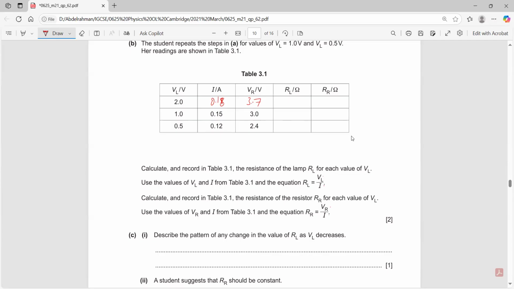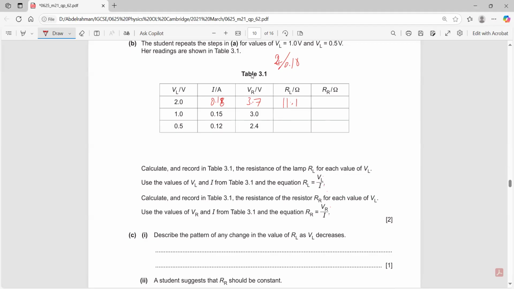So for RL, again, VL over I. VL 2 divided by 0.18, for example. So the first RL is 2 divided by 0.18, which is 11.1.